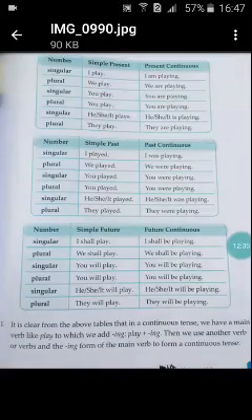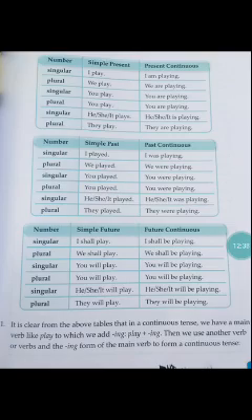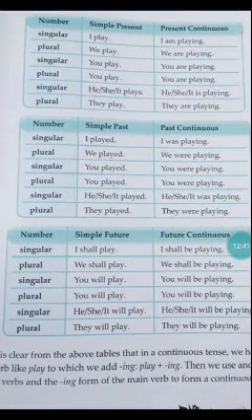You can complete these sentences very easily only if you understand this page. If you understand this concept, you can easily convert the sentences into the given tense form. It can be simple present, present continuous, simple past, past continuous, simple future or future continuous, any kind of thing. You can simply change if you are perfect with these tense forms. Please, when you are writing, refer to this page and then write the sentences.